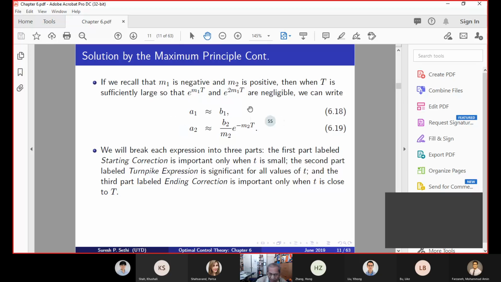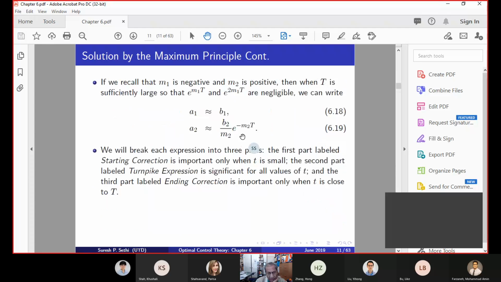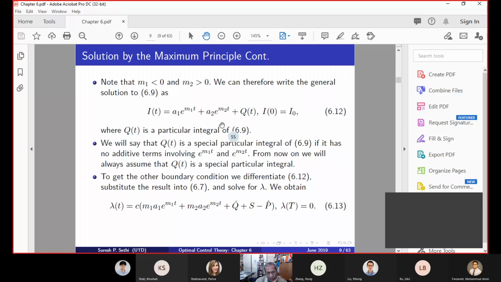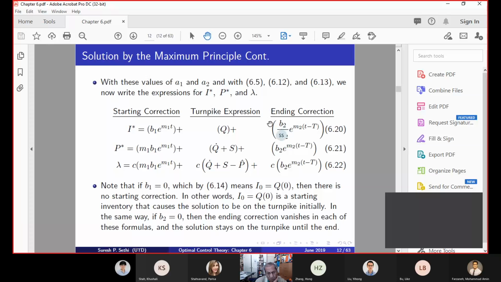Okay, let's now take this and go to the next table. So we have a solution. We put the approximate values of A1 and A2 back into this, and if I put all of those in there, I get the following formula. That's the I star T. I also know lambda, so I can do lambda. I also know P star, so I can do P star.